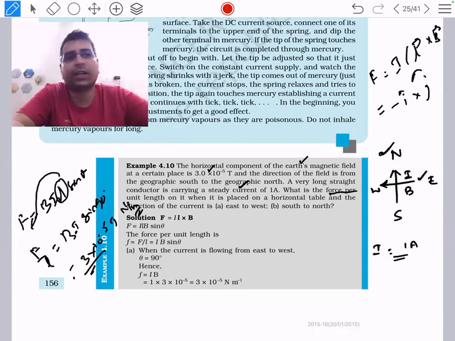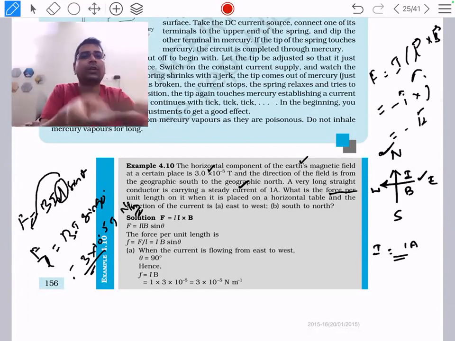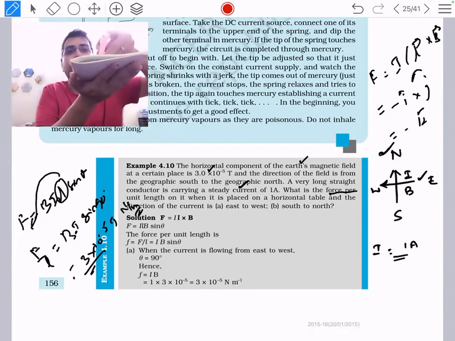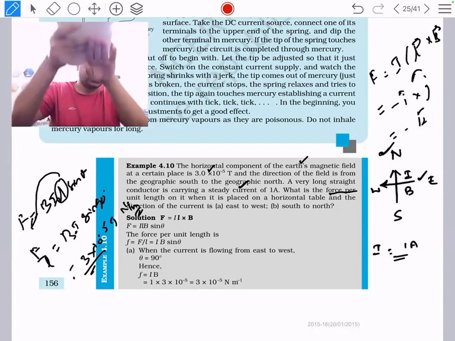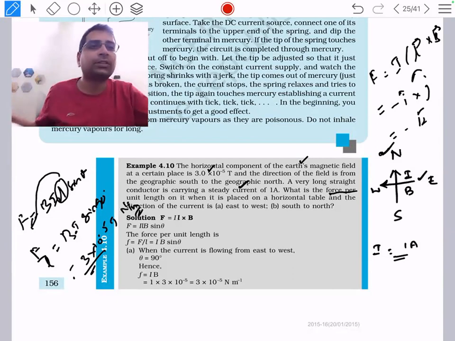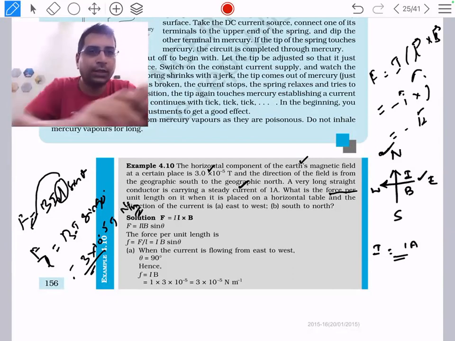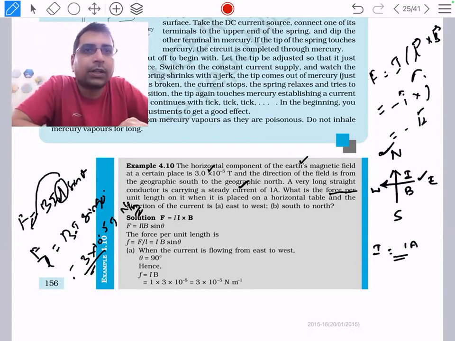I cross J is K, so it is going to be minus K. So what I'm trying to say is, when you keep the book like this, if the magnetic field is in this direction and the current is in this direction, the conductor would have the tendency to move in the downward direction. That is the direction in which it is going to experience the force. Though it is not asked, I'm very particular about directions. Sometimes in the exams, they can ask you.